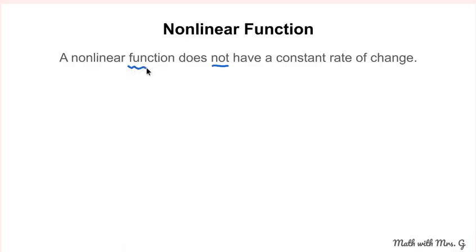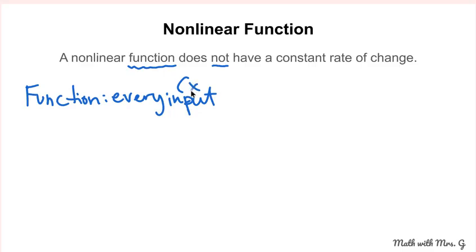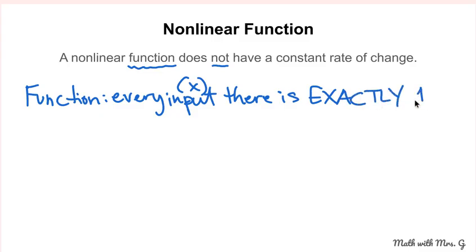So, when we talk about function, remember back in the first half of chapter 4, we were talking about how for every input, or x value, there is exactly one output, or y.